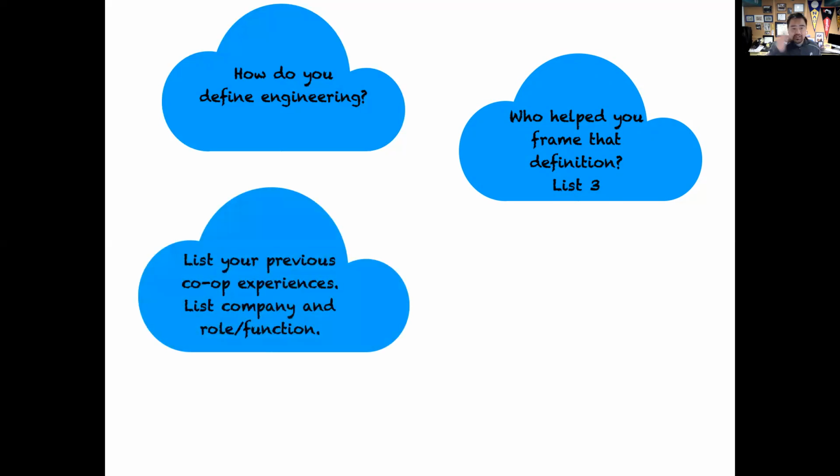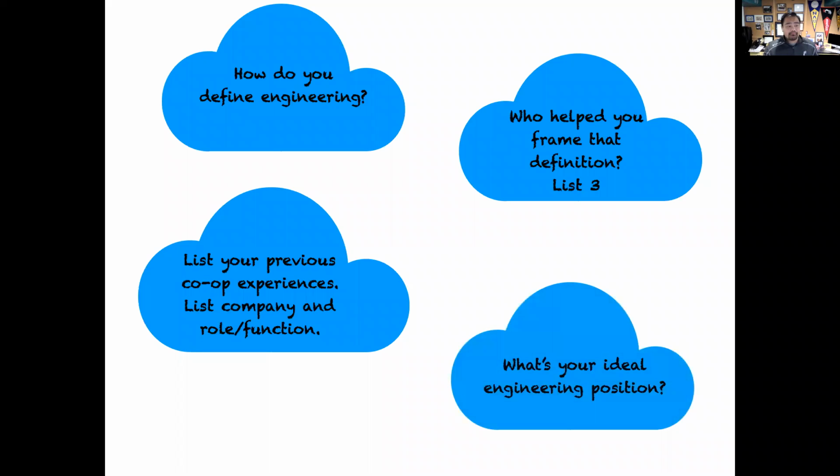Next, list your co-op experiences, and just list the company and the role. Later on, you'll be able to delve into this a little further, but what are those co-op experiences? And then finally, what's your ideal engineering position?